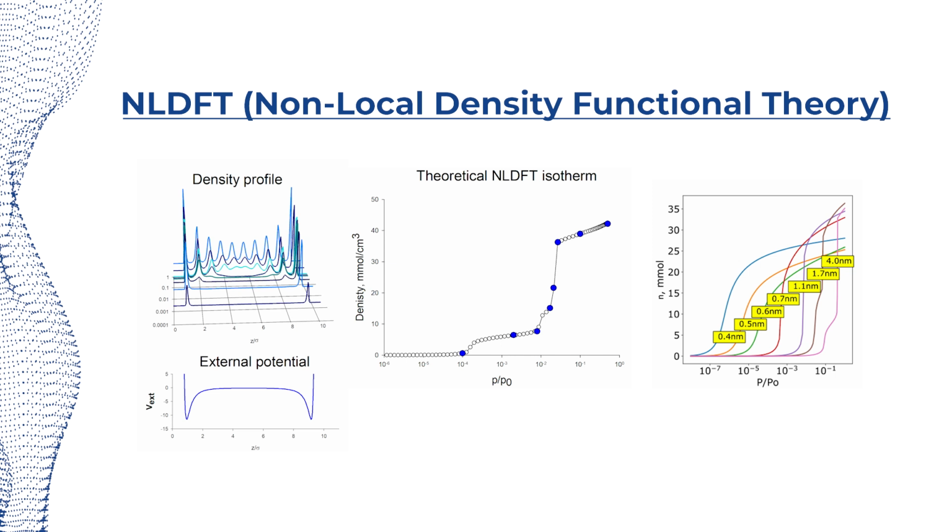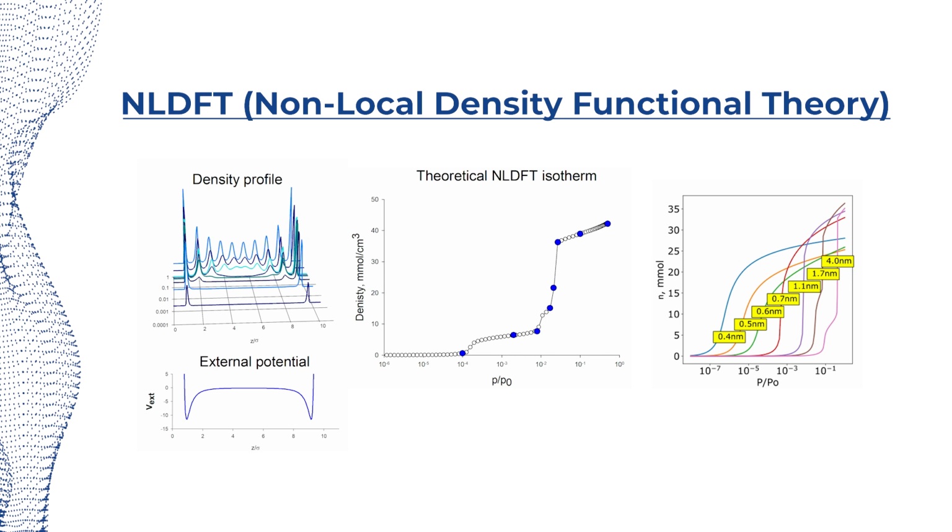As the pressure increases, we can see the multilayer adsorption happening within the pore, and at a certain pressure, we can see those peaks starting to merge into each other, which represents the capillary condensation, and this can also be seen in the theoretical isotherm with this sudden jump.